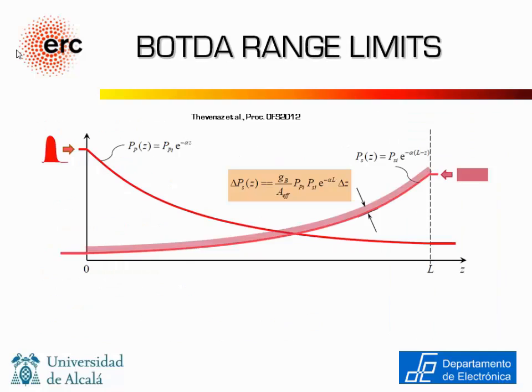Now, this is not extremely difficult, but it summarizes very well the problem of range in these B-OTDA sensors. This is taken from a paper by Luc here. And you see here the effect of the pump.